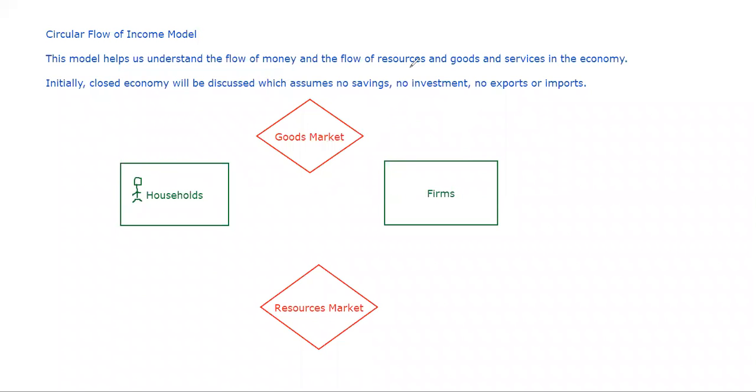So what do we buy from the firms? That is something that can be shown by a flow of goods and services like this. And let's name that particular thing. This is goods being bought.